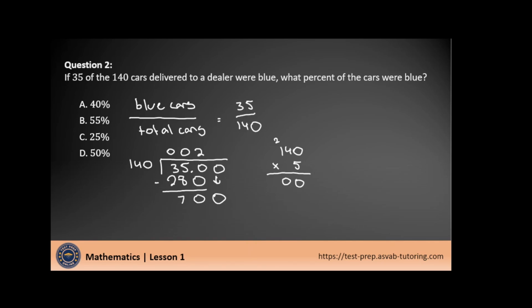Carry the 2. 1 times 5 is 5, plus 2 is 7. 140 times 5 is 700. Subtract those and we have no remainder. Remember, our decimal place just goes straight up right here. So our decimal is 0.25. If we want to turn that into a percent, we move the decimal 2 places to the right, which gives us 25%.